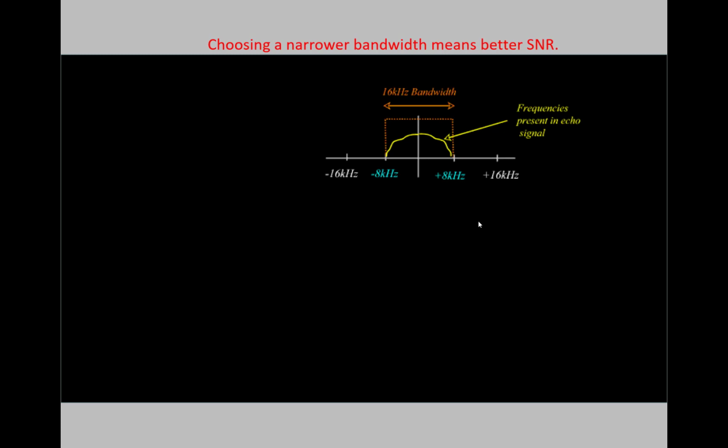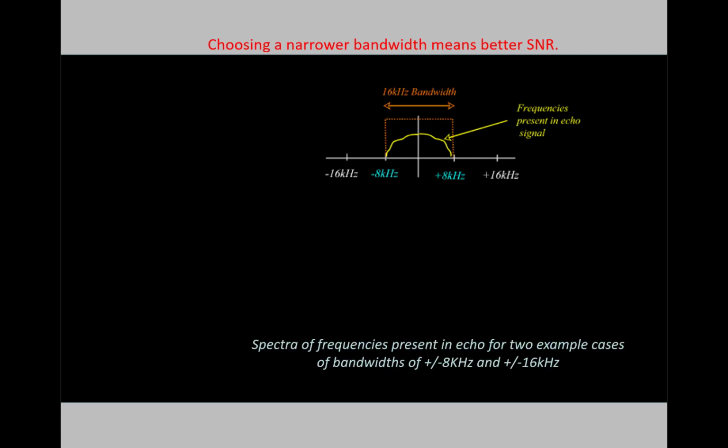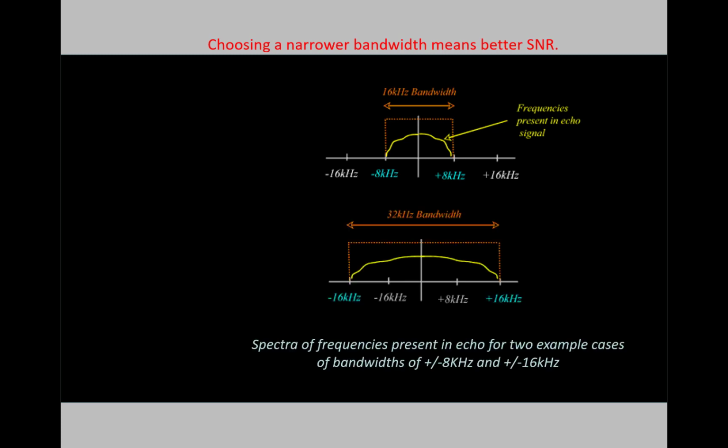Okay, now if we go for a wider bandwidth, it's more or less the same picture, except this time we have a wider bandwidth. So same idea, this is the range of radio frequencies out there, and we need to be able to listen for a certain bandwidth of frequencies. And in this case, because we're listening for a wider bandwidth, we have to obviously allow in a wider range of frequencies.